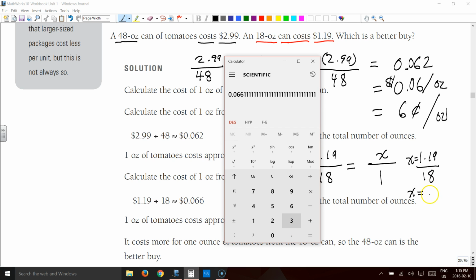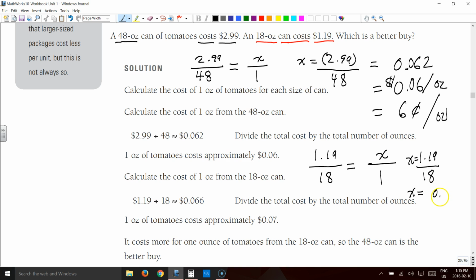So we've got 0.066, which means $0.07 per ounce, or 7 cents per ounce.